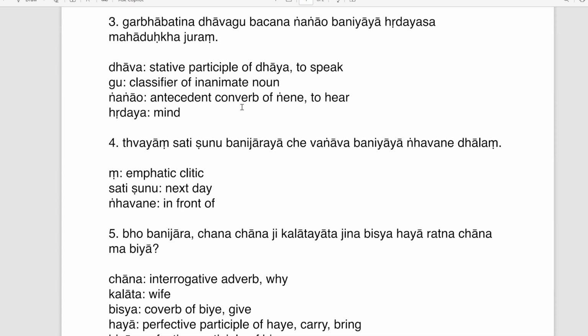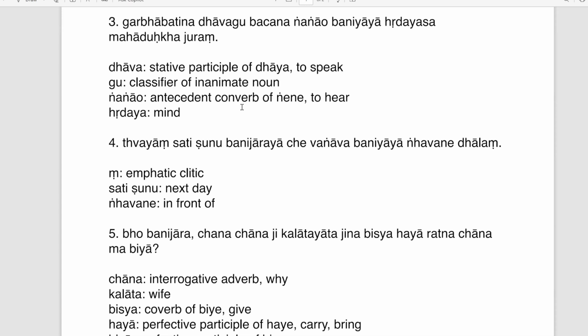Banijaraya. Why is there a ra? Oh, that's another way of spelling merchant in Newar. So Banijara is merchant, same as Baniya. Banijaraya, of the merchant. The merchant's house. Wangawa, going to the merchant's house.